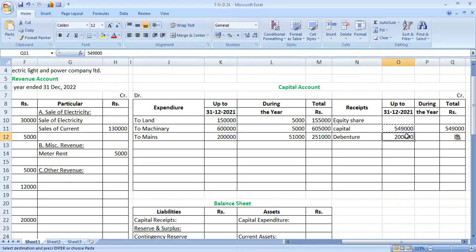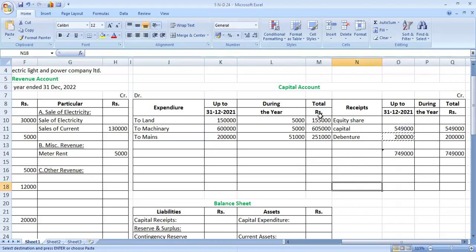The same thing happens with debenture. Now I am creating the total of receipt side, that is 7,49,000, up to 31st March also, the same 7,49,000.